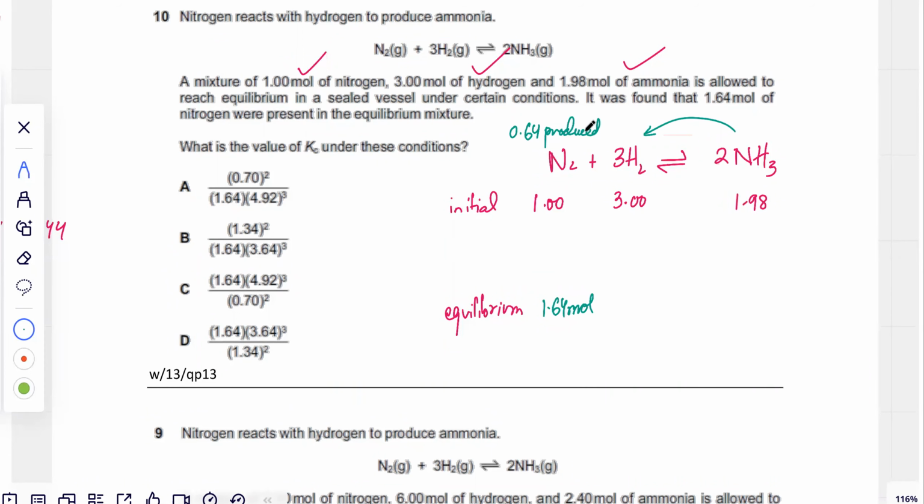Yes. So if 1 N2 is produced, 3H2 must have been produced along with that. So it's 1:3. So if 0.64 are produced, what's 0.64 times 3? That's going to be 1.92, right? Yes. So N2 can't be produced alone. There's going to be 1.92 extra.